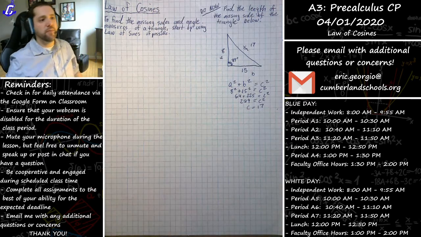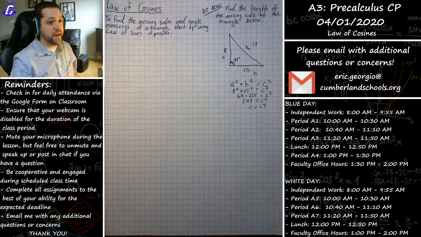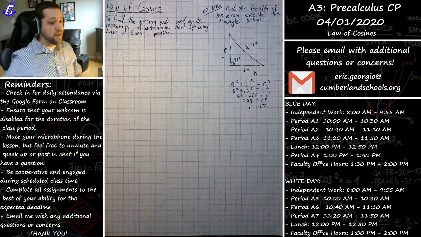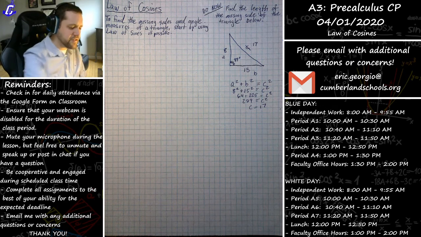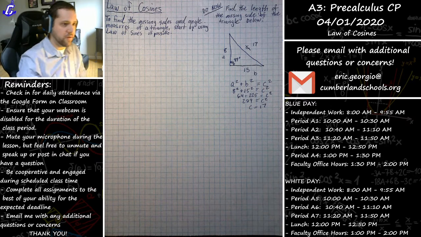So if you have a triangle problem and it's like find all the missing sides and angles, and you could use the law of sines, then use the law of sines. The law of sines is a lot easier. It's a lot faster. It's a lot more intuitive than the law of cosines.